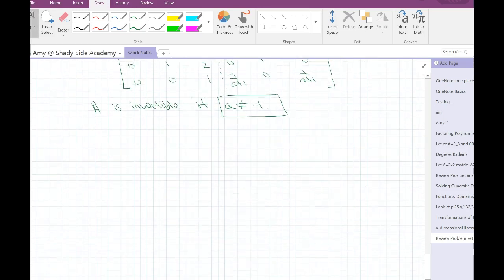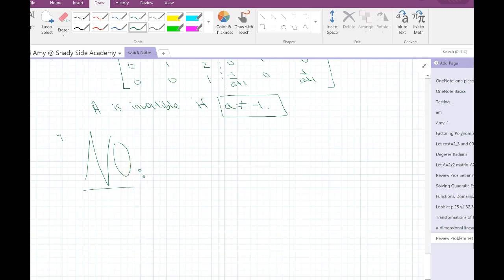Okay, number 9. Is there a generalization that you can make about the product of two symmetric matrices? Notice I didn't say two identical symmetric matrices. Is there a generalization that can be made about the product of two symmetric matrices? No, there isn't.